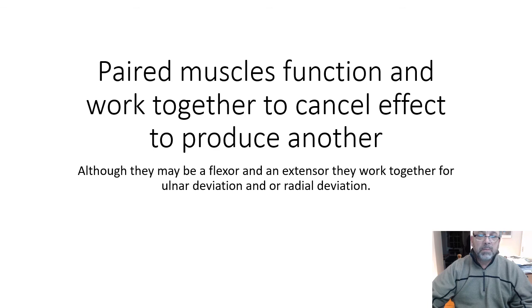So now you can pair some muscles together to do those deviations. When they pair together, like a flexor and an extensor that both do radial deviation or ulnar deviation, they're canceling out one effect to produce another. So although they may be a flexor and an extensor, they're going to work together to do either ulnar deviation or radial deviation.